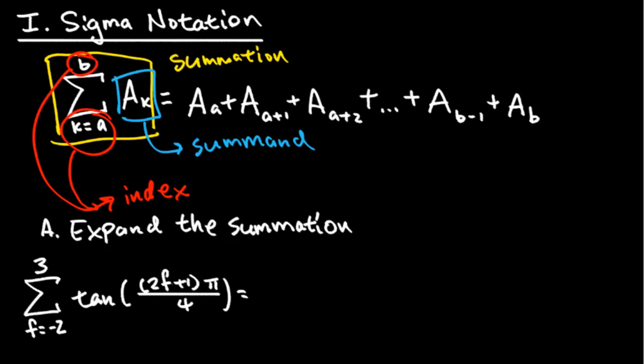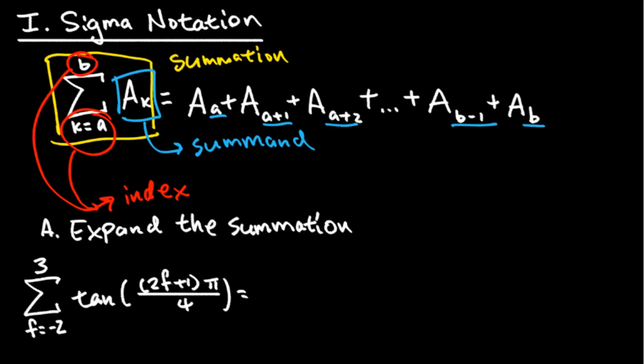Okay, so what sigma notation does is you take the summand, and then you see this little subscript over here, that's the index. So it starts wherever the index is, and then you add 1 to it, and then 2 to it, and then just keep going up until you finally get to essentially the endpoint, which is up here, B in this case.